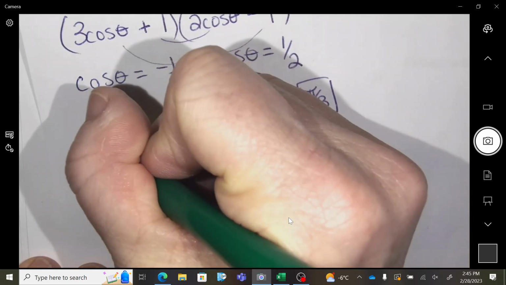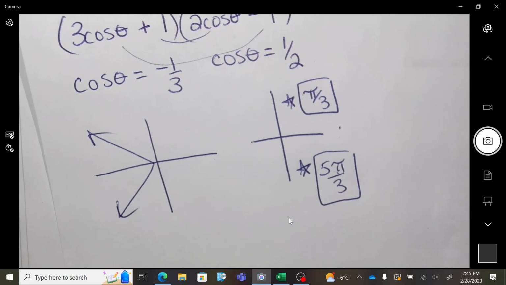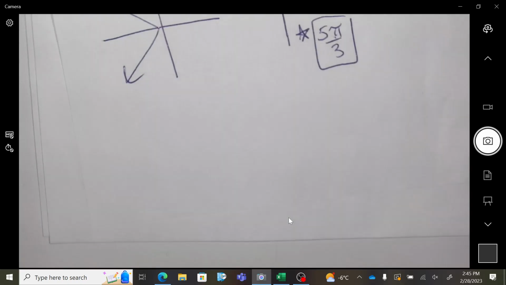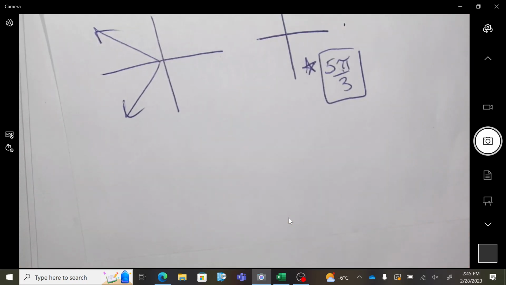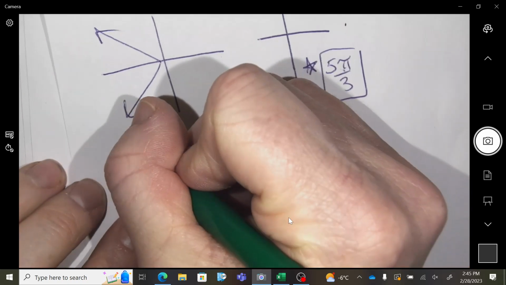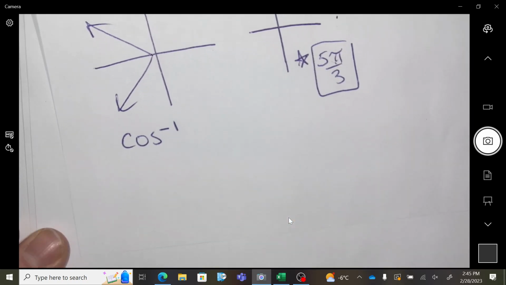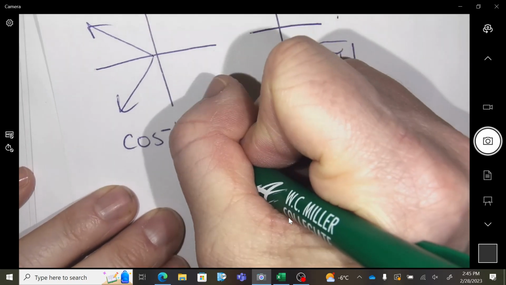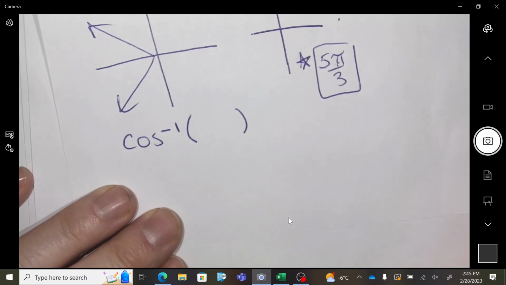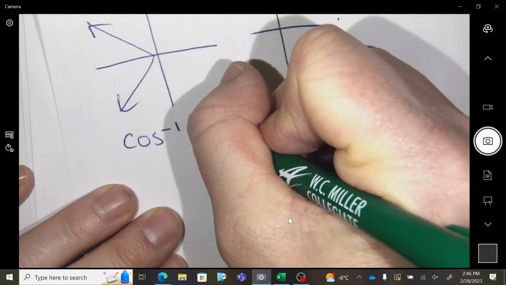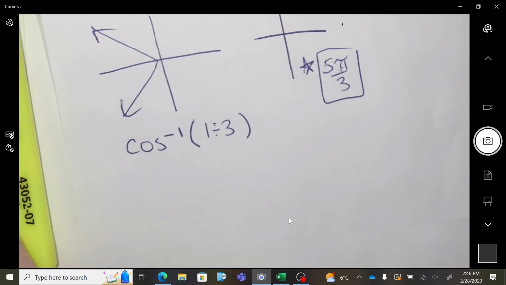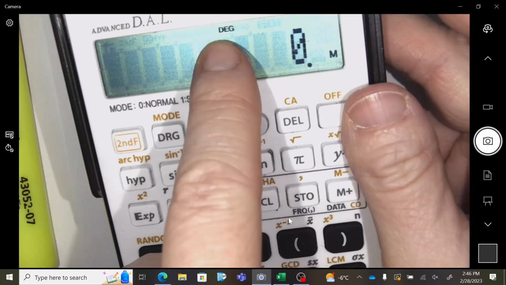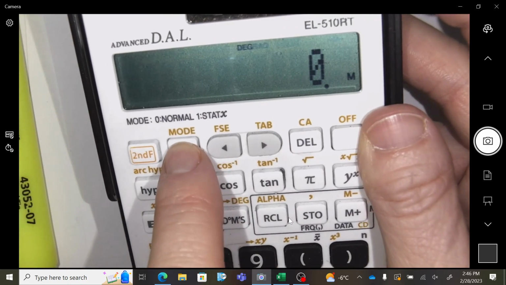Okay, did you pick those 2 quadrants? Now, I need to get into the angle. How do you get an angle? If you get the trig value, how do you go to an angle? You inverse. That's how you get to angles, right? And what do I keep preaching to you? Don't use the negatives in the math. Use the negatives in the drawing. And then, what should I do at the top here? Radian mode.